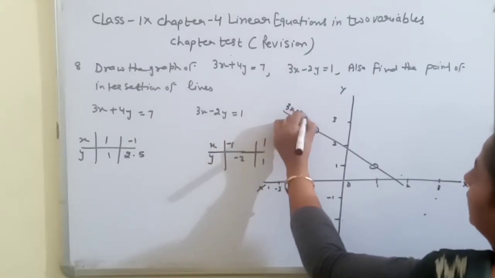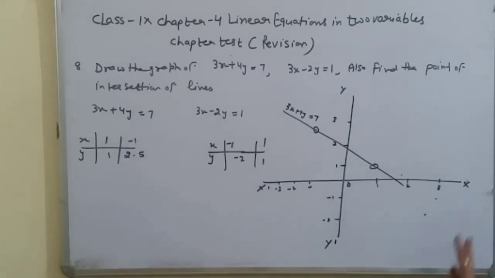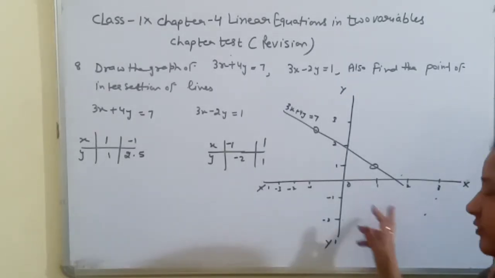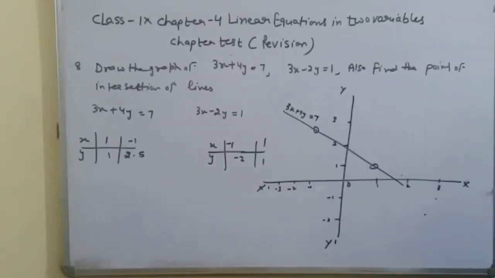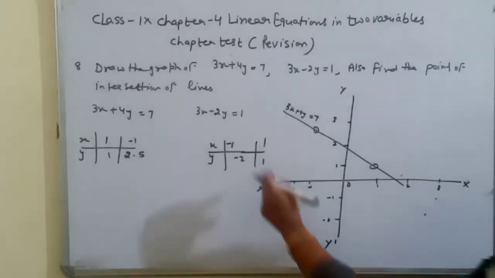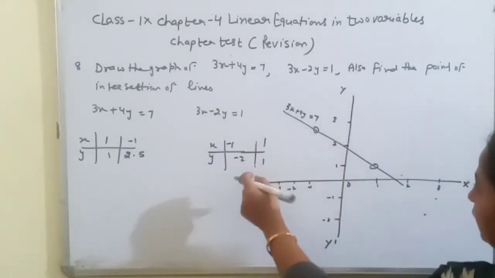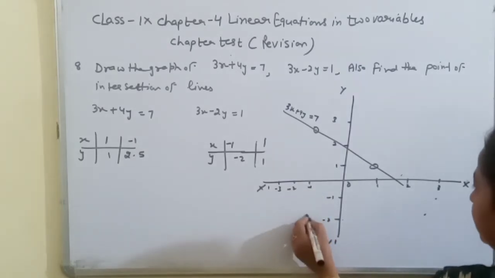3x plus 4y equal to 7. Again I am repeating, when you draw a graph on a graph sheet, and after joining the points you will get a straight line. If you are not getting a straight line, it means you are doing something wrong. Second, x minus 1, y minus 2. This is here.